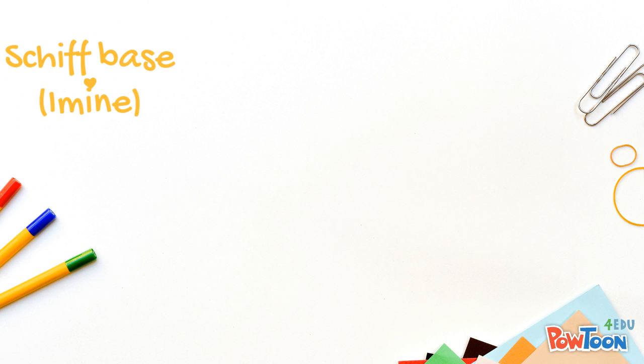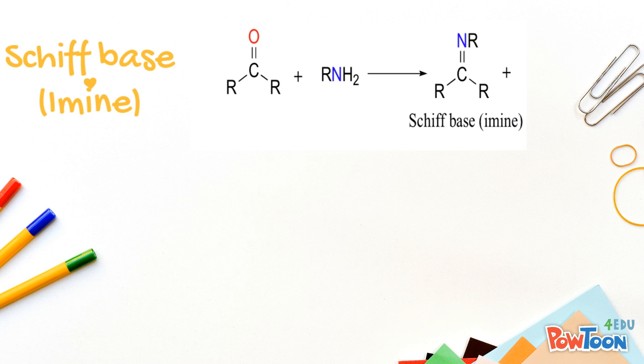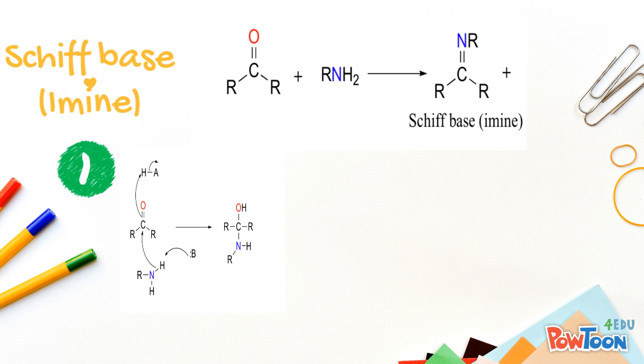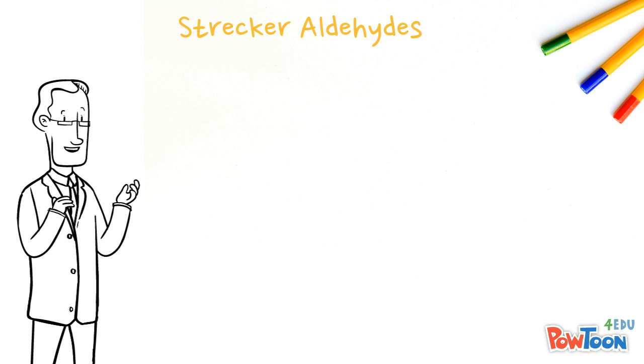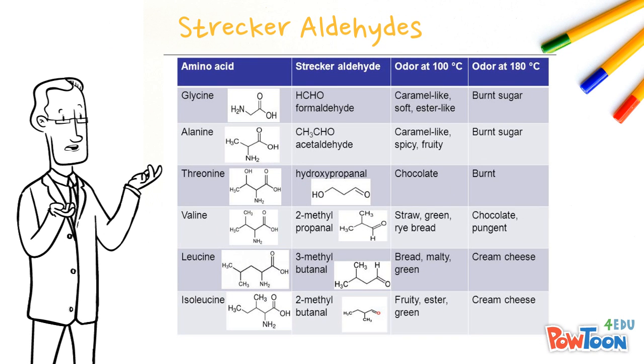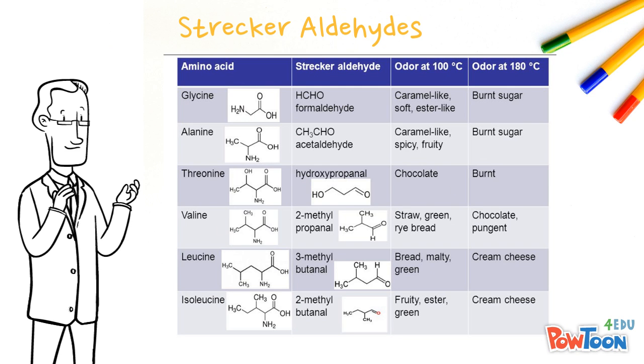During the reaction, the amino acid undergoes decarboxylation and deamination and transforms into the imine or Schiff base. In this compound, the carbon-oxygen double bond is replaced by the carbon-nitrogen double bond. Mechanistically, its formation involves 2 steps.